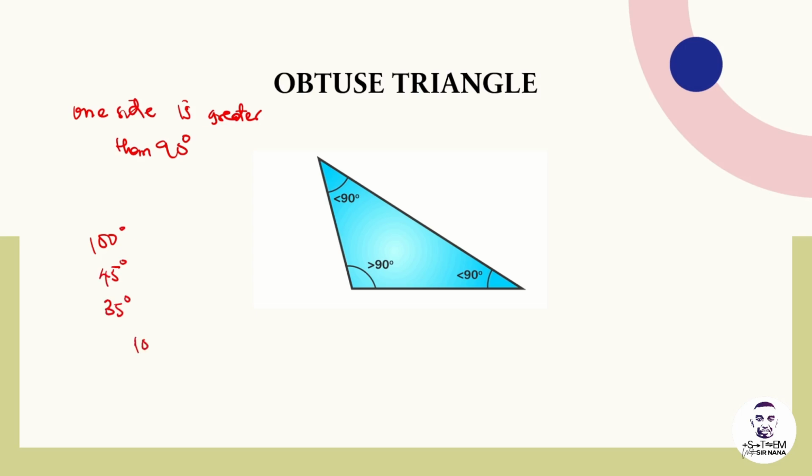Once we have 100 degrees plus 45 degrees plus 35 degrees, giving us 180 degrees, then these three constitute three sides in a triangle, which is an obtuse triangle, because an obtuse triangle has one side greater than 90 degrees. Remember that we looked at obtuse angles and we mentioned that they are angles that are greater than 90 degrees but less than 180 degrees.